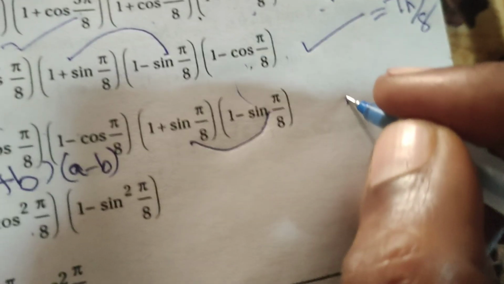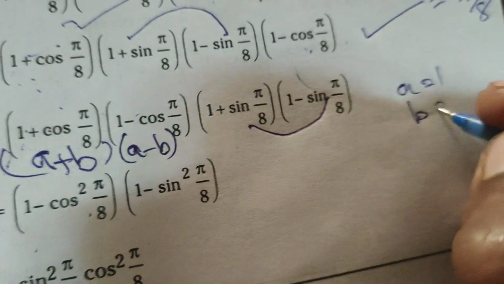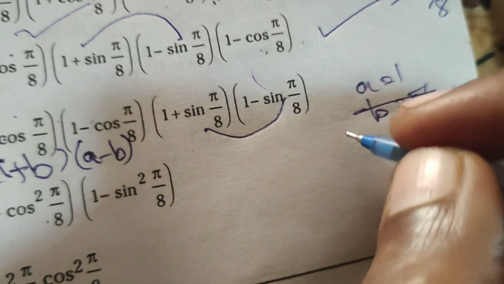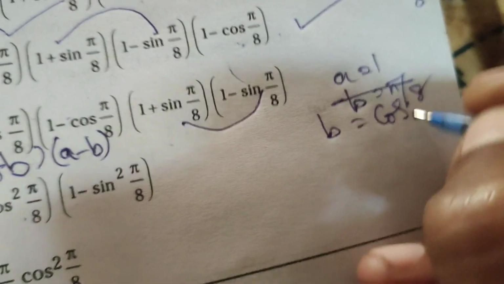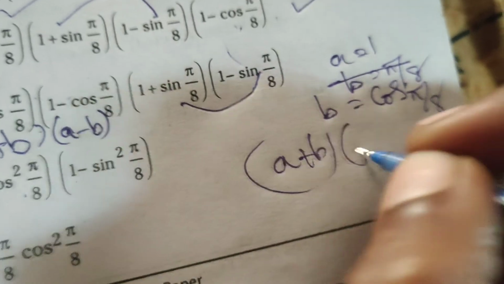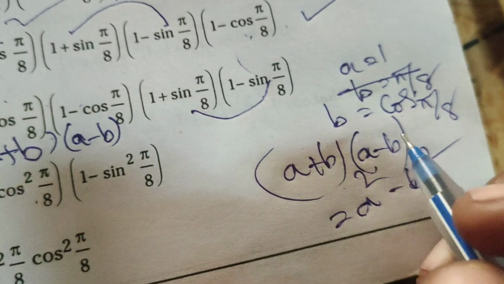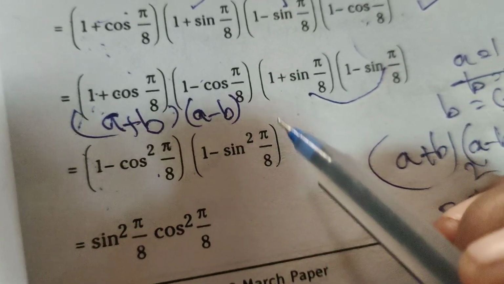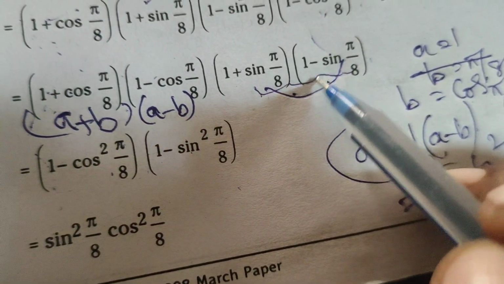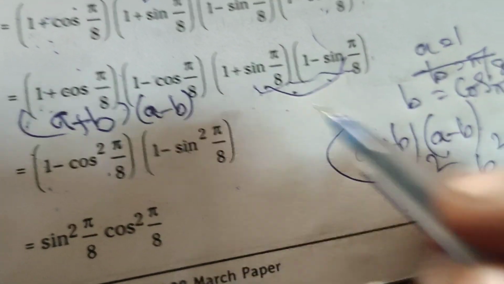In the first pair, a means 1 and b means cos pi by 8, so we get 1 square minus cos square pi by 8. Using the same formula for the other pair, with b meaning sin pi by 8, we get 1 minus sin square pi by 8.